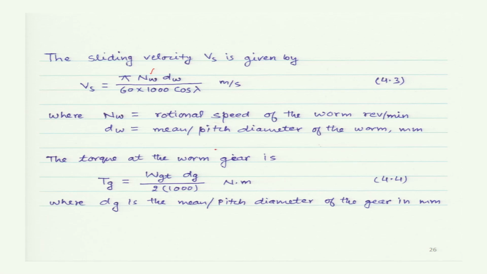The torque at the worm gear, Tg, is the transmitted load multiplied by half of the pitch diameter, divided by 1000 because dg is taken in mm, so the torque acting on the gear will be in Newton meter, where dg is the mean or pitch diameter of the gear in mm.